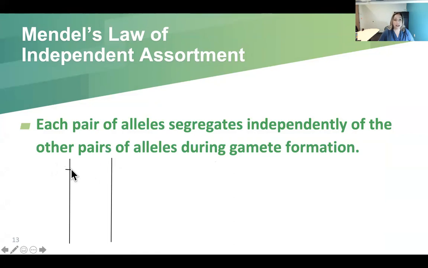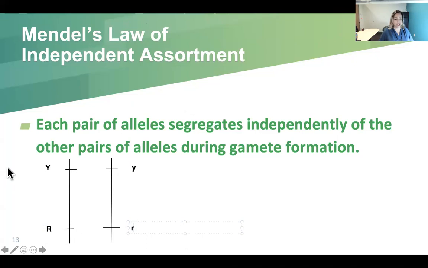So we will say that up here is seed color, down here is seed texture. Now remember that these are heterozygous individuals. So here we have a big Y, little y, and big R, little r.